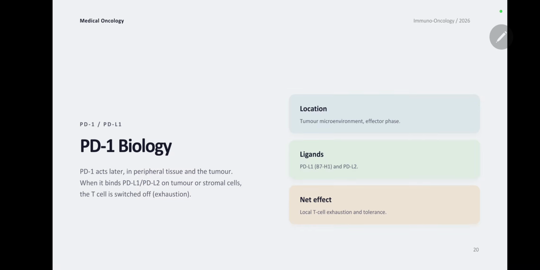Second is PD-1 or PD-L1 biology. You know that they are very similar. PD-L1 and PD-L2 are presented on the tumor or stromal cell, and PD-1 is presented on the T cell.